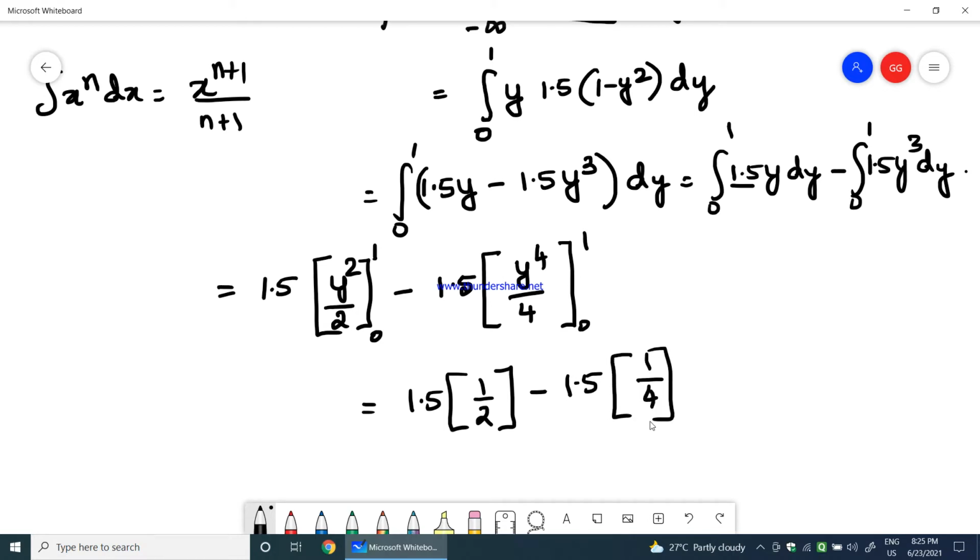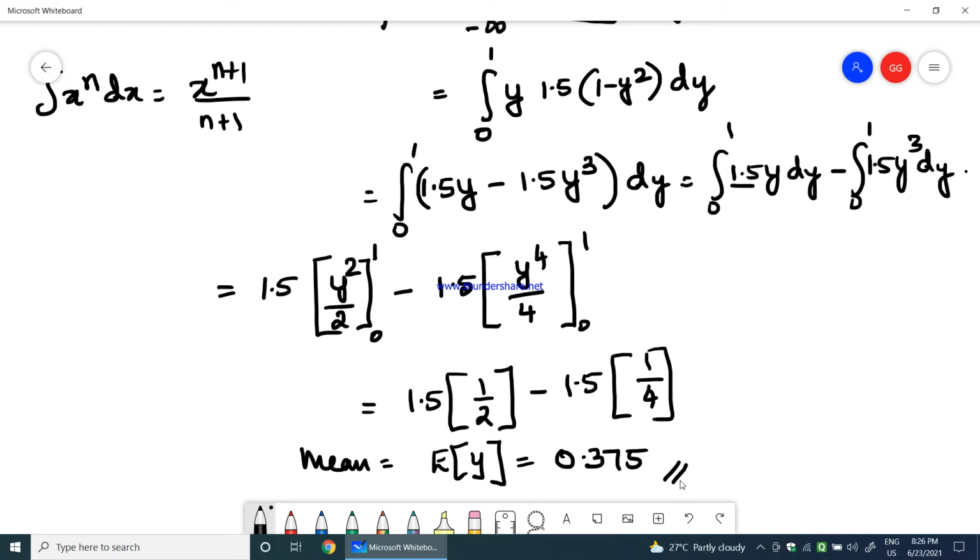So finally you will be getting the answer if you use your calculator. Therefore the mean value, which is E of y, will be equal to 0.375. So this is the mean value for this continuous random variable y, for a given PDF, probability density function.